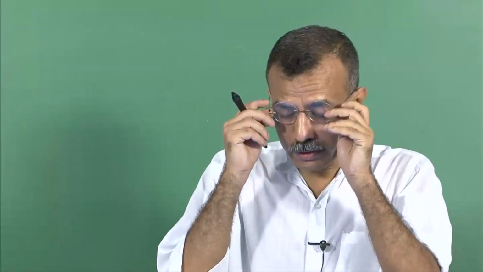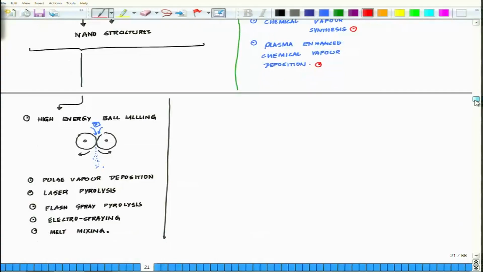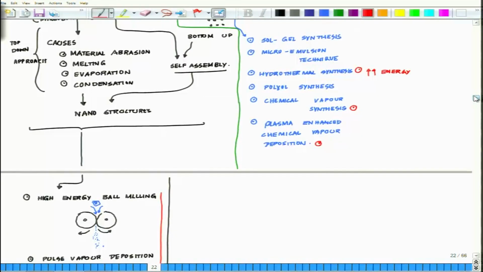If you look at these methods, the last two, chemical vapor synthesis and plasma enhanced chemical vapor deposition, even hydrothermal synthesis, all these techniques require fairly high energy. These are energy intensive, just like your physical methods, where you need a significant amount of energy.